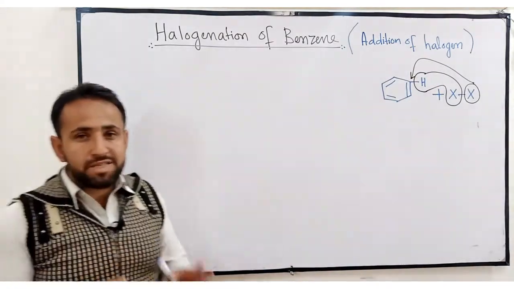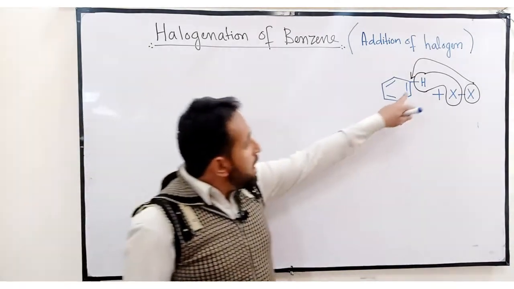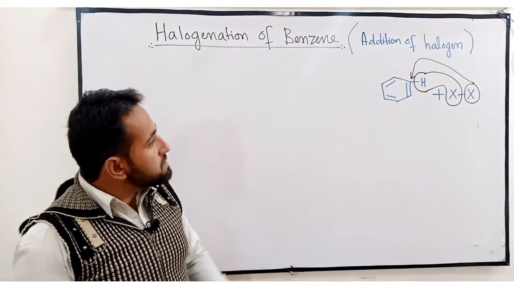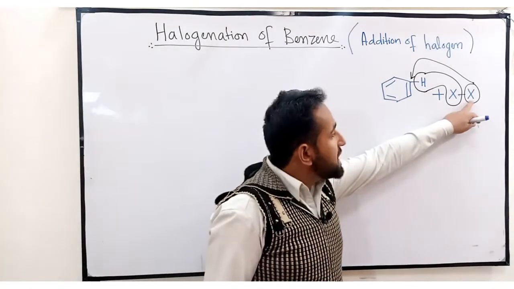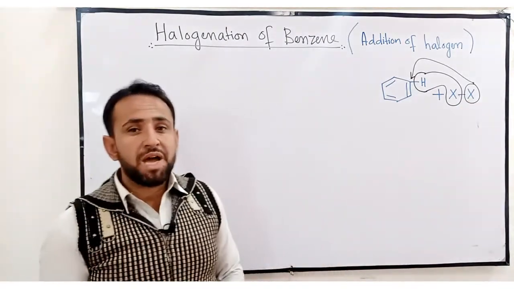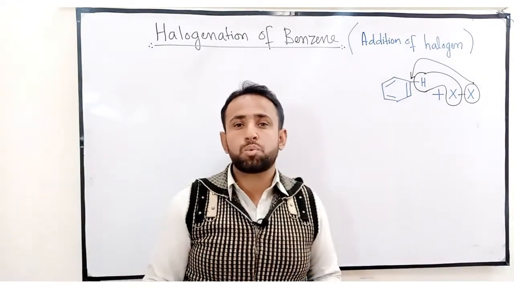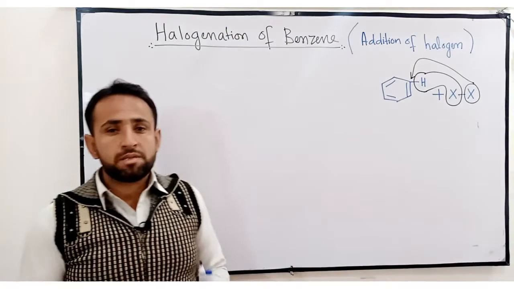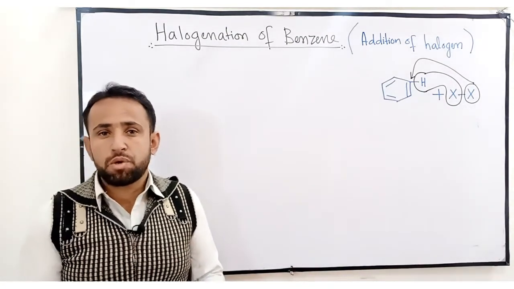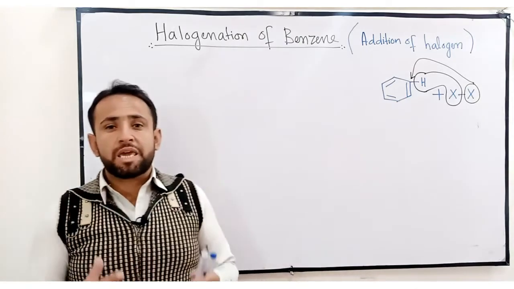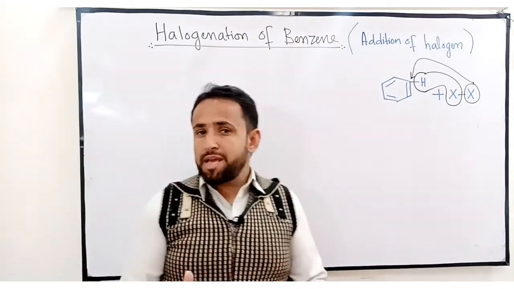Halogenation is the process in which one hydrogen atom of the benzene ring is replaced by a halogen atom. This reaction is carried out in the presence of a catalyst, which is an anhydrous Lewis acid, and the reaction is carried out in darkness.